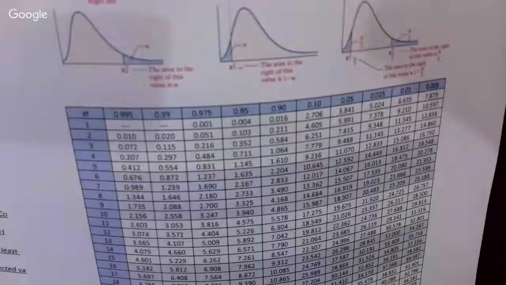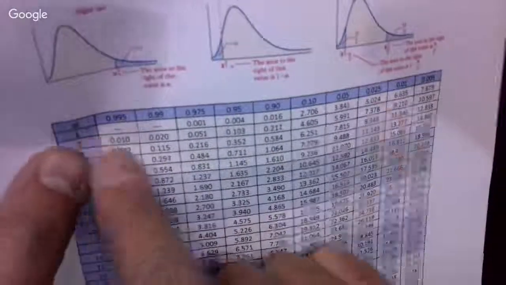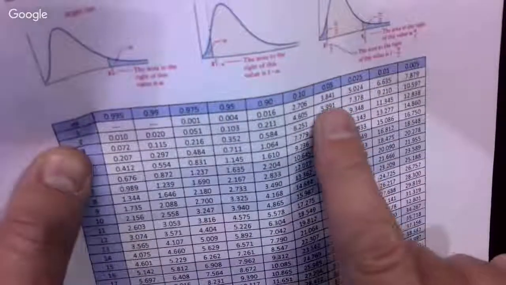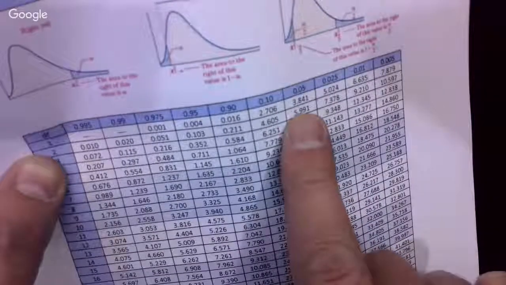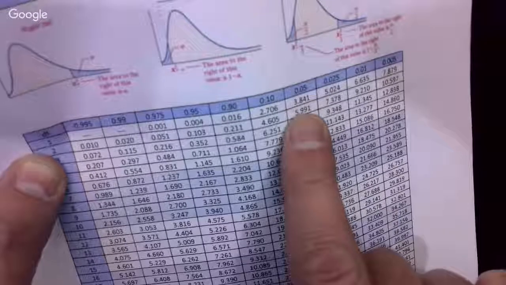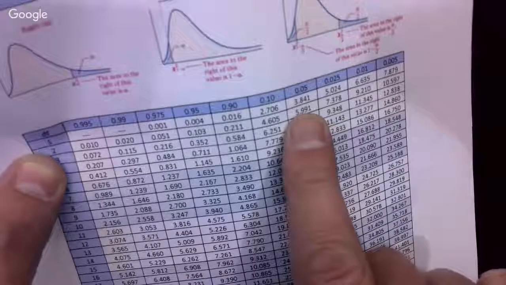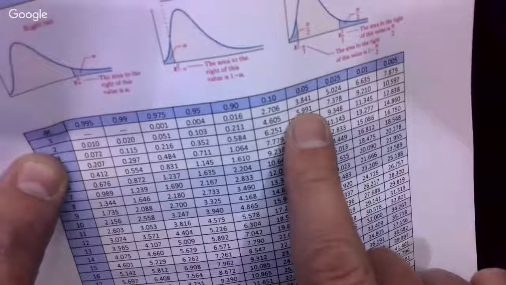What's my alpha in this case? 0.05. So with 1 degree of freedom, if my alpha is 0.05, your sum would have to be larger than 3.841. If you got a sum that was more than 3.841, then your sum would be too big. Your p-value would therefore be less than 0.05. Does that make sense? Okay.